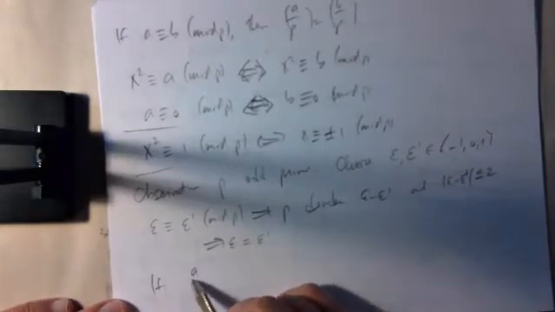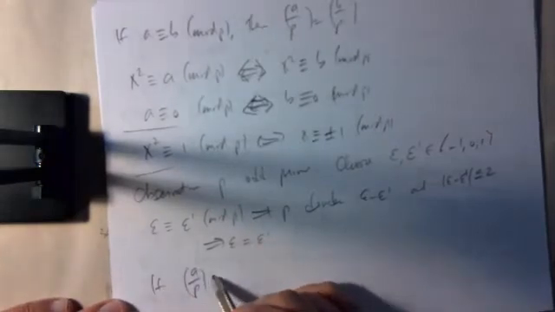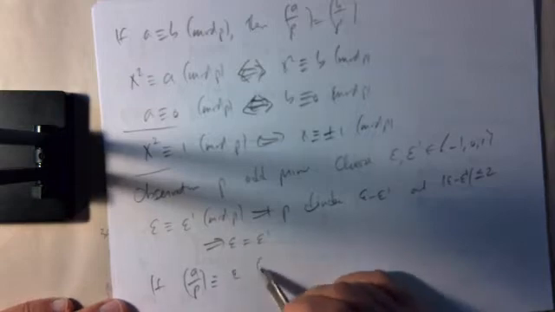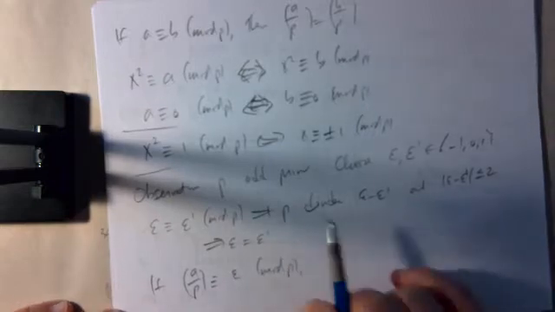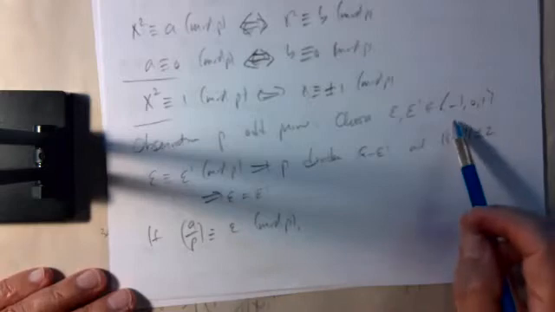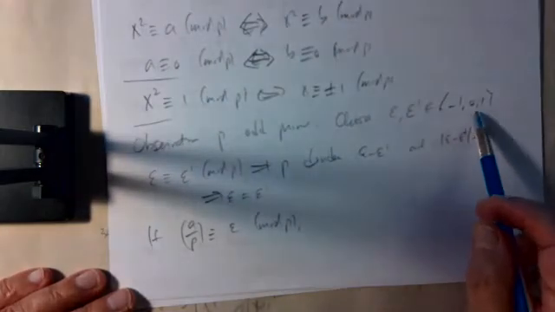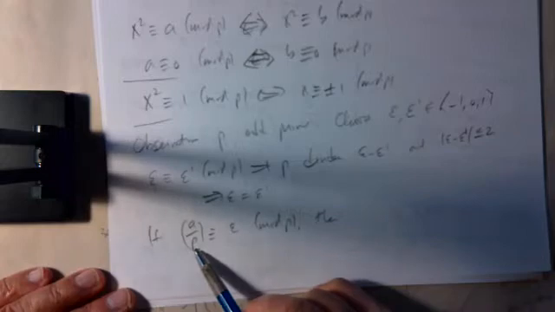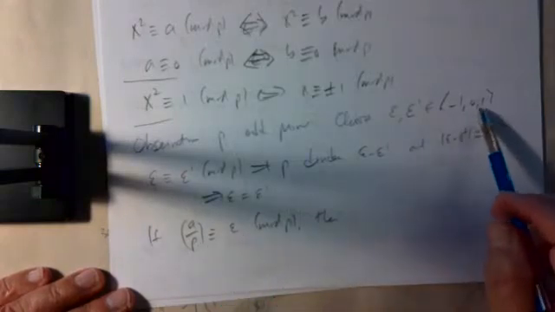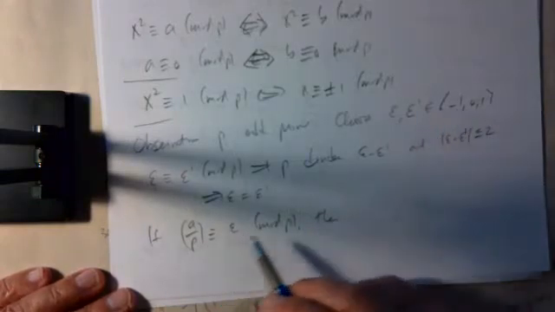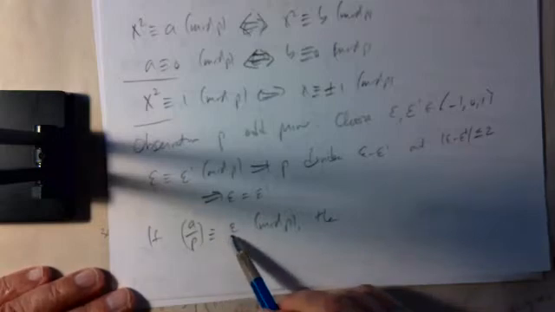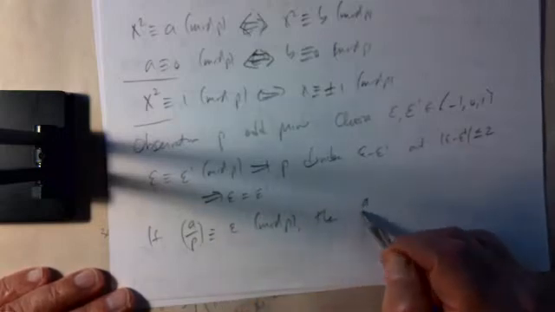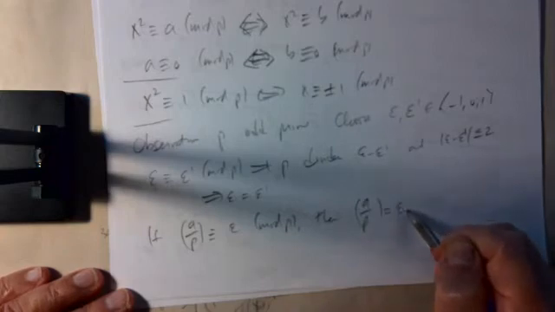And it follows that if the Legendre symbol is congruent to epsilon mod p for some epsilon, which is either -1, 0, or 1, then, since a over p, the Legendre symbol, only takes on values -1, 0, or 1, a over p equals epsilon.